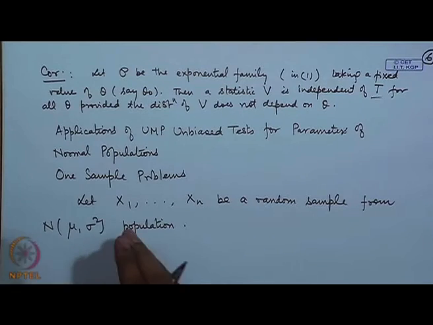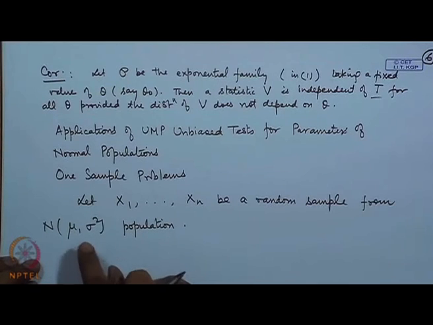Similarly, for sigma square, when I was doing the testing, then mu was taken to be known, and I had taken without loss of generality to be 0. And once again we had the UMP test for H 1 and H 2 and UMP unbiased test for H 3 and H 4. Now, here both the parameters will be unknown, which is actually more practical.